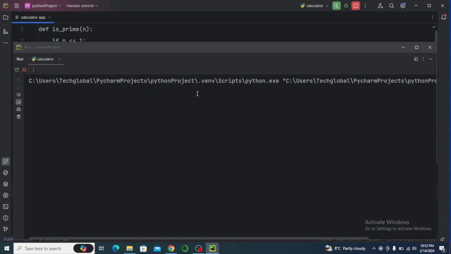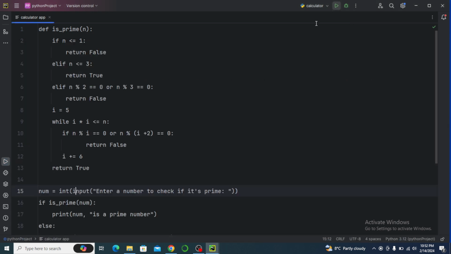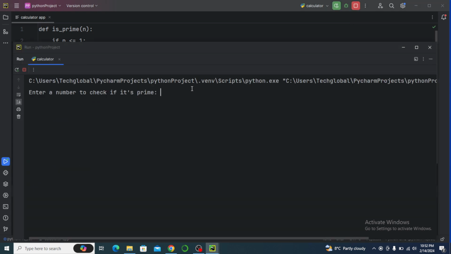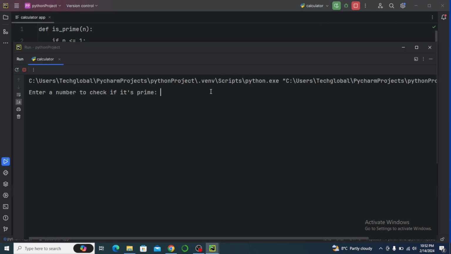Let's see 7. 7 is a prime number. Let's see 11. 11 is a prime number. Let's see 101. It's a prime number.